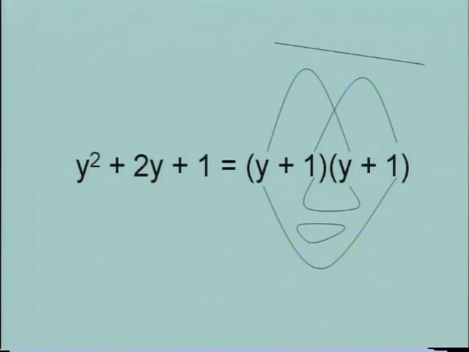And you use the other eyebrow, it will be 1 times 1, which will be 1, which is the third term on the left hand side. Then if we follow the chin, that will be y times 1. Y times 1 is y, and that must be combined with the nose, 1 times y, which is y. So 1y plus 1y will give us the middle term, which is 2y.